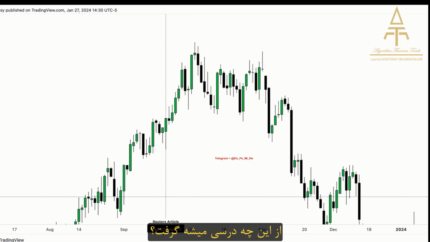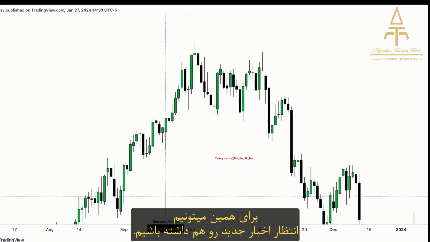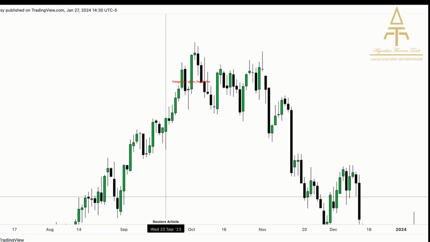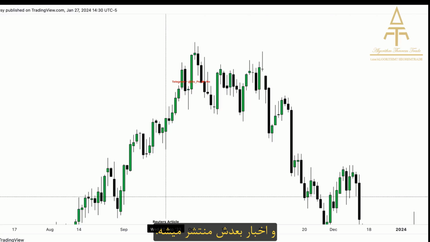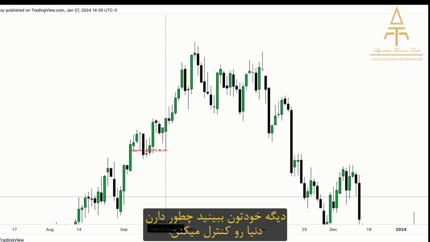So what we can take away from that again is that the news gets utilized for repricing purposes, and therefore we can anticipate news as well to come by simply looking at the charts. What happens is already priced in, and the news comes after the fact. And I'll let you think about what that really means about how controlled and engineered this world really is.